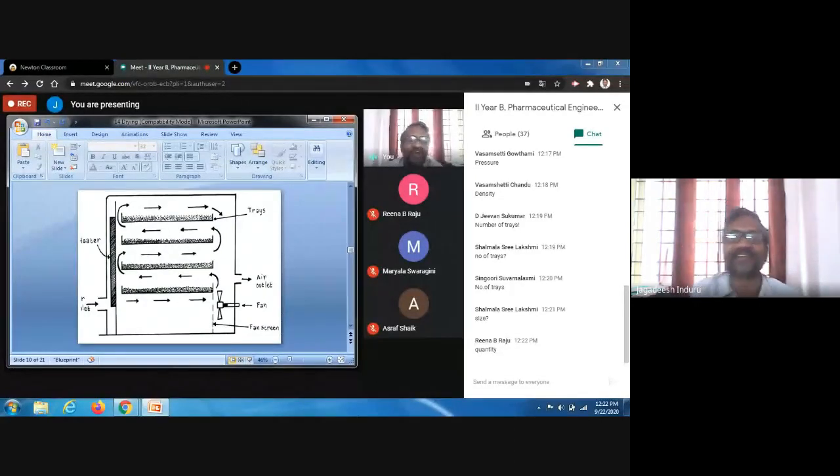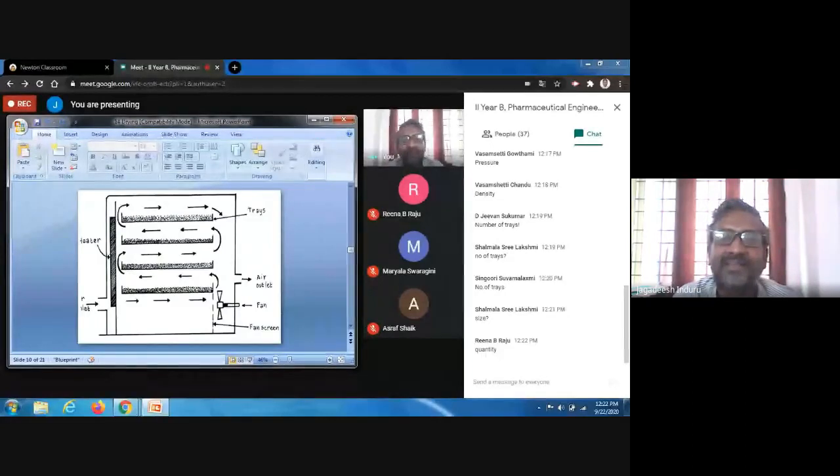Yes, this is what I am saying. If I am loading more quantity in the tray, say for example, my tray can accommodate 1 kg also, 10 kg also. Reena, you are too good. If the quantity of material present in the tray is more, my drying is slower, obviously.